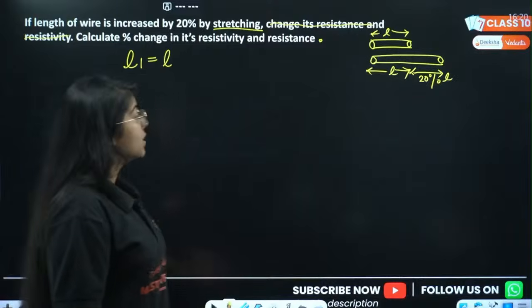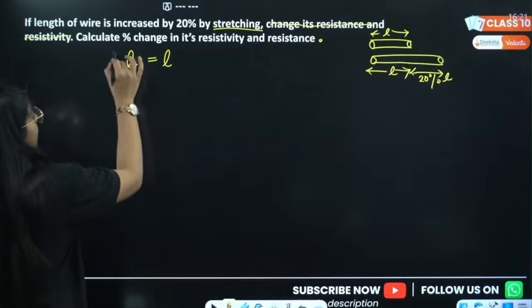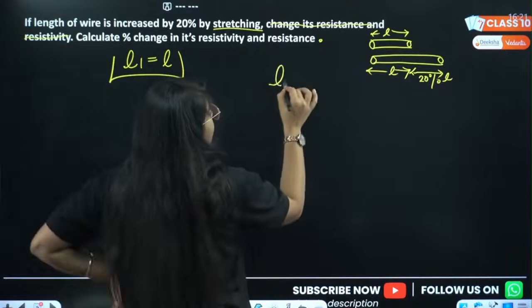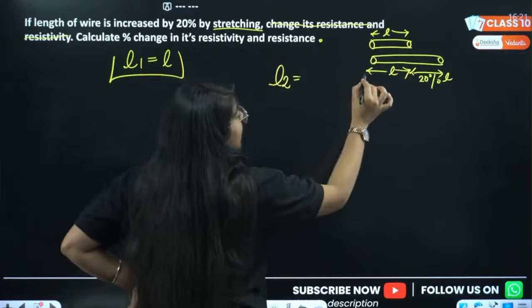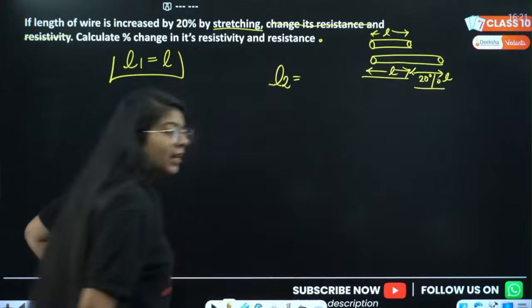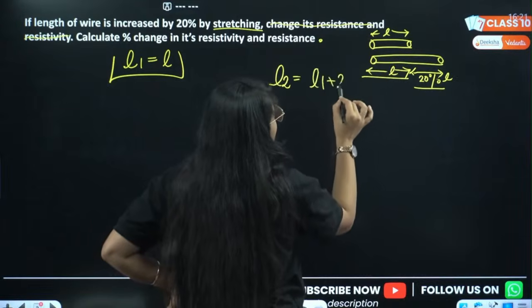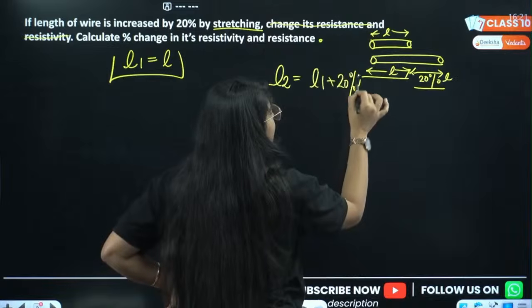Now the original length L1 was simply L. The second length is L plus 20% of L, that is L1 plus 20% of L1.